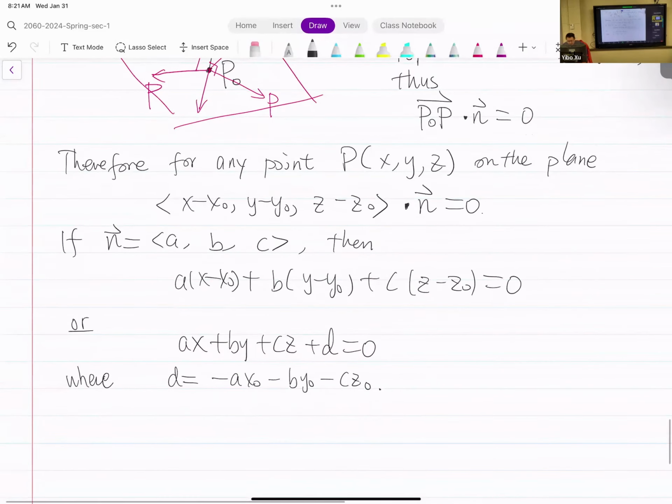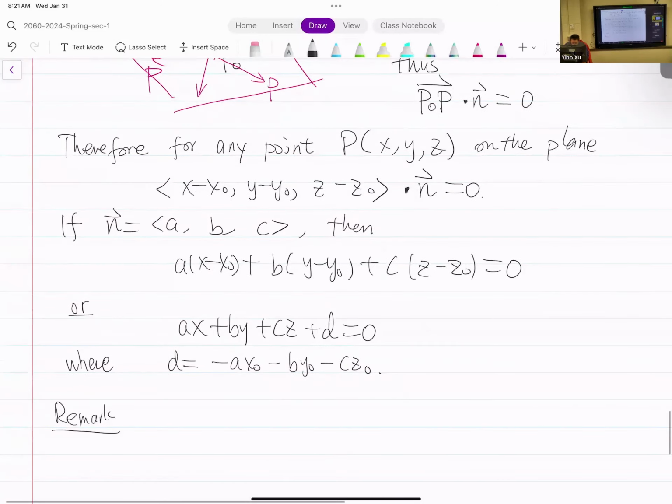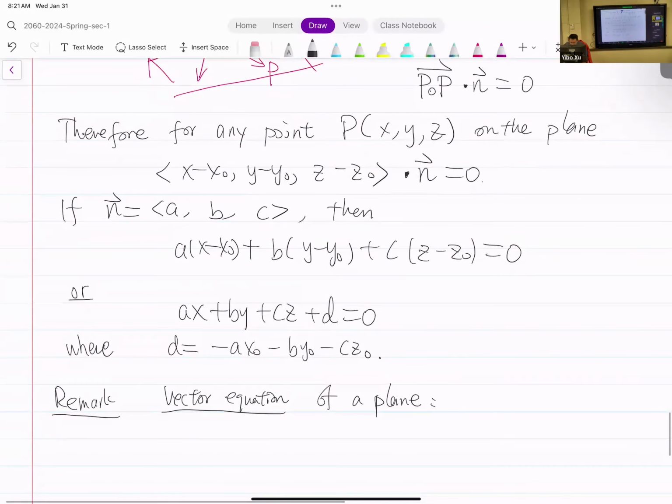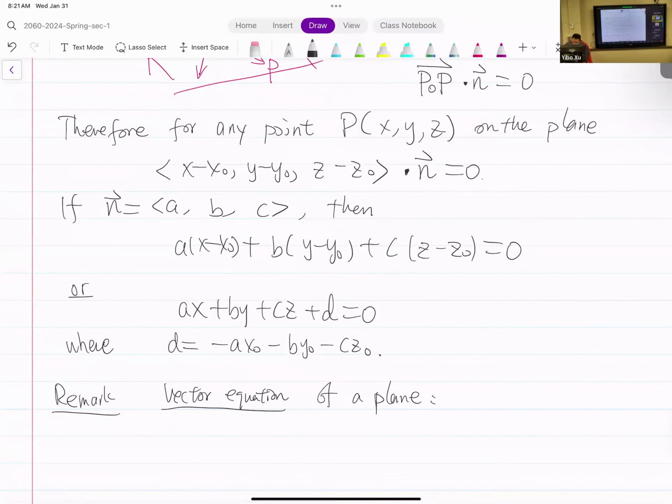So that's the equation of the plane that we started with in this section. Remark. The vector equation of the plane is exactly this.